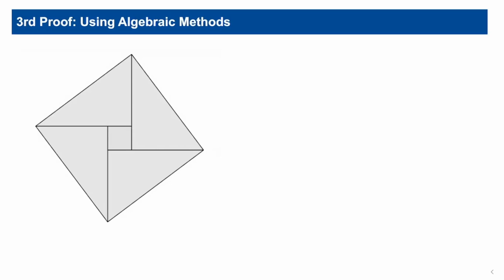We put 4 triangles together in a different way. This side is A, this side is B, and this side, the hypotenuse, is C. Then the area of the big square is C squared.